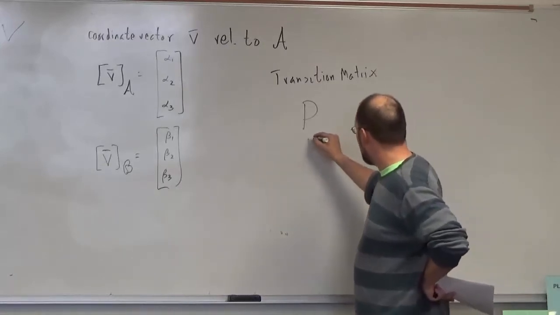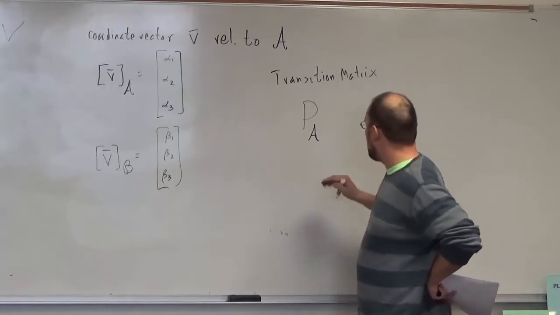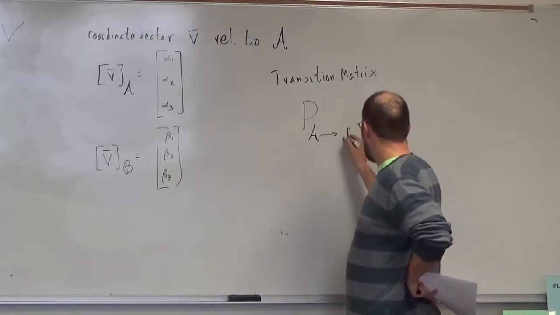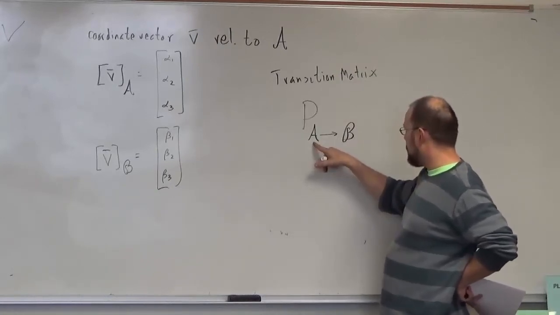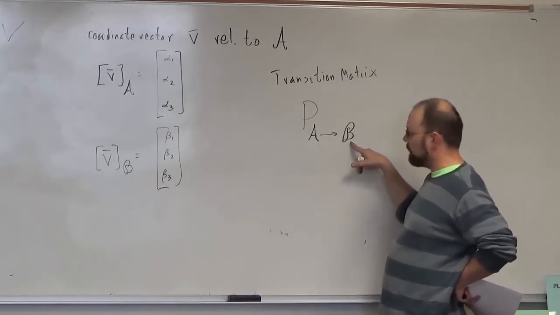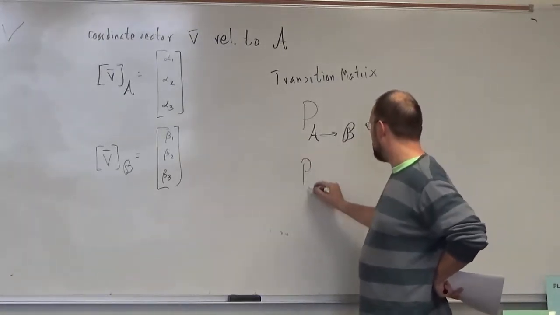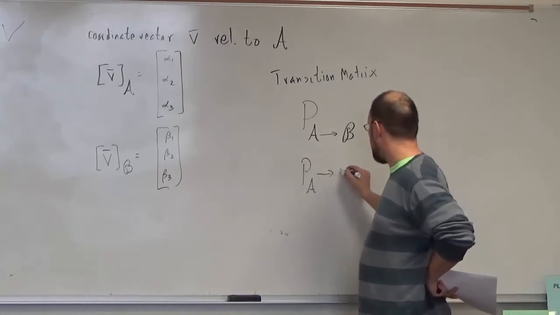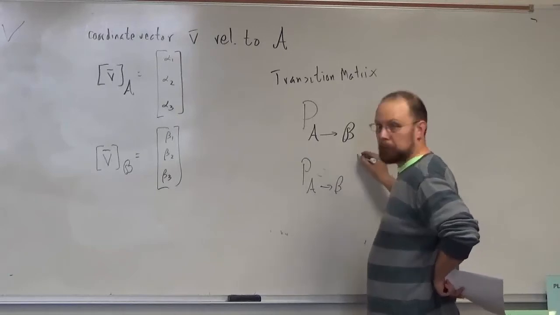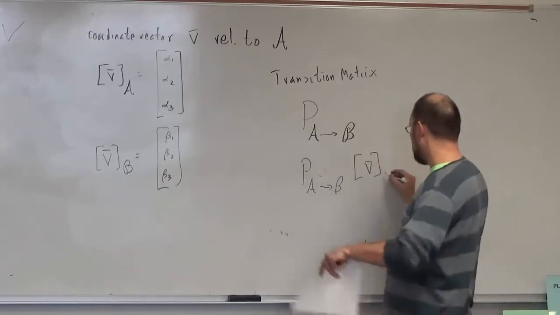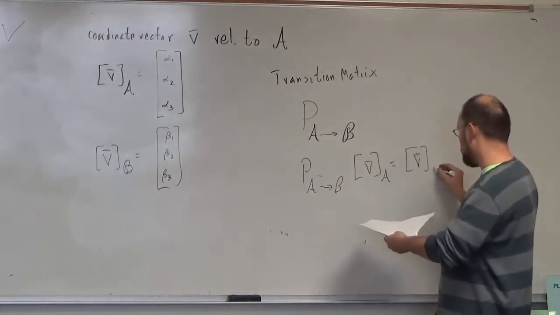But suppose the transition matrix P is going from A to B: it takes the coordinate vector with respect to basis A and returns the coordinate vector with respect to basis B.